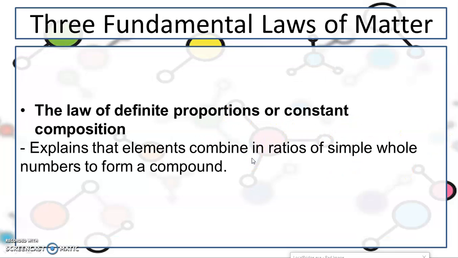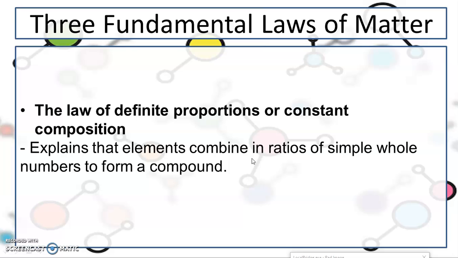And then the three fundamental laws of matter. The first is the law of definite proportion or constant composition. This law states that elements combine in ratios of simple whole numbers to form a compound.